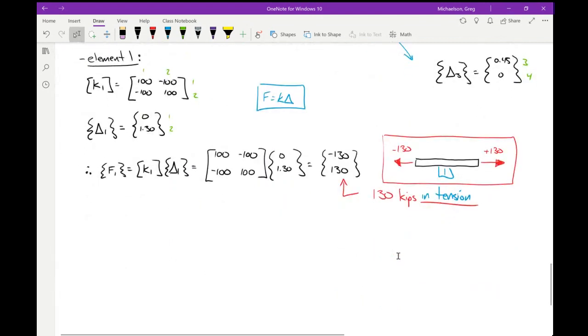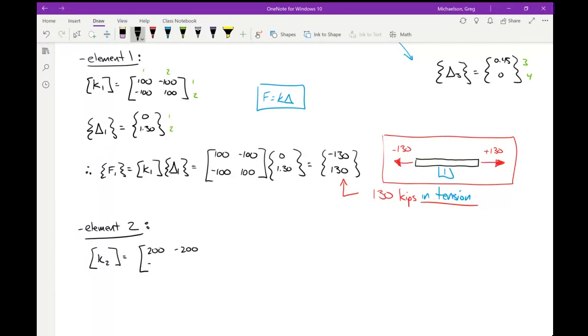Okay. Watch this. Let's do the next one. Let's do element 2. So K2 was 200, negative 200, and this was 2 and 3.